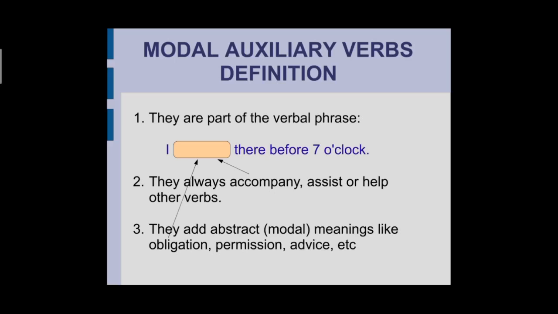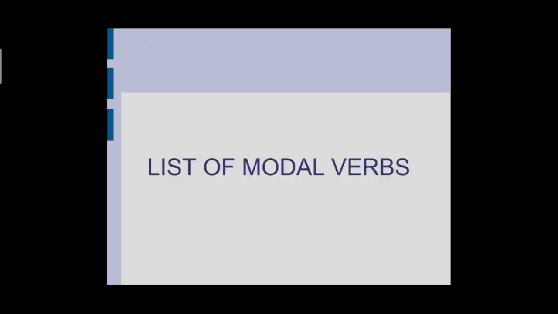और modal verbs क्या करता है, वो किसी और verb को भी help करता है explain करने में. So if there is more than one verb in the sentence, what the modal verb does is it helps to explain the importance of the other verb that is in the sentence. We will take a look at these kinds of sentences, but let's go to the next slide first.